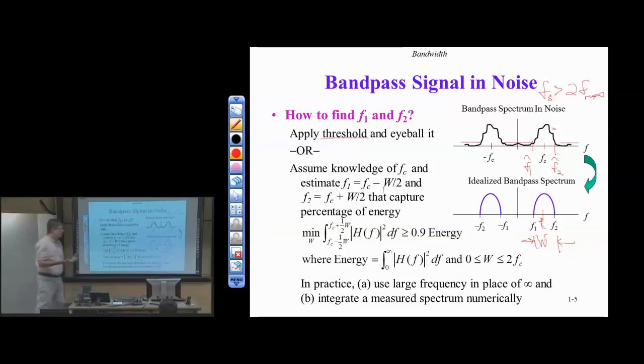So we have to constrain capital W to between 0 and 2 times FC. If it's greater than 2 times FC, the left edge goes negative, which doesn't make any sense.